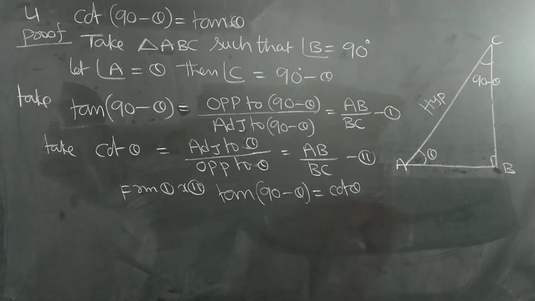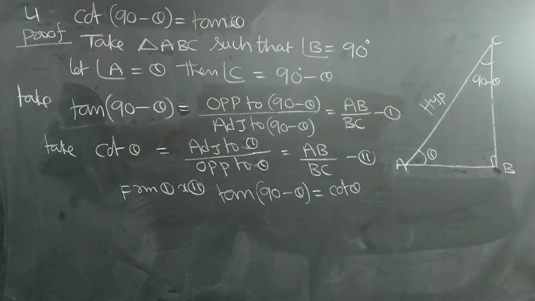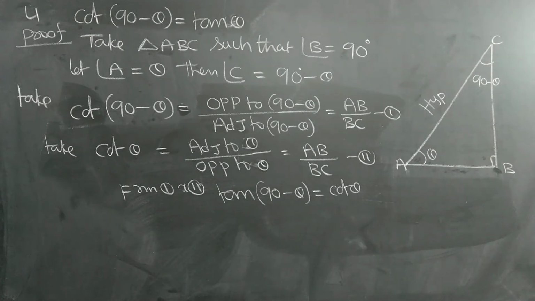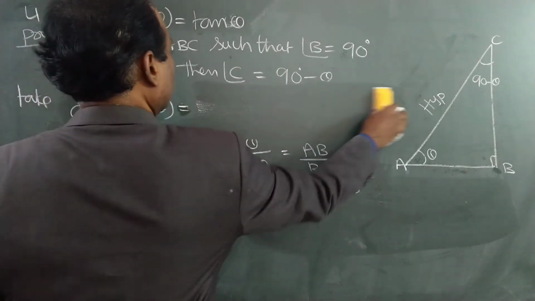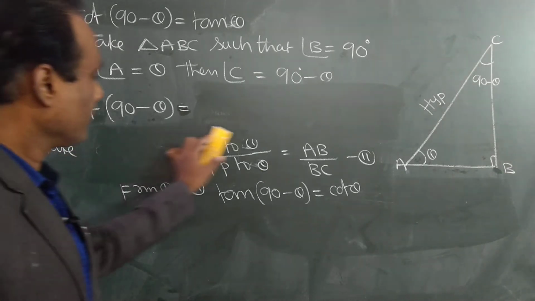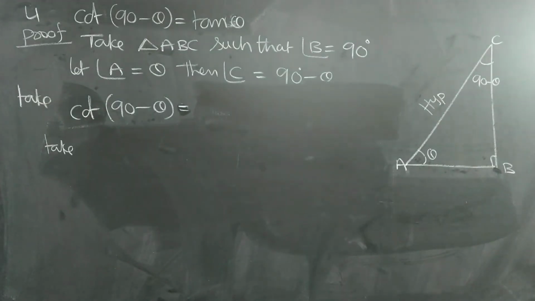Derive it. Cot 90 minus theta is equal to tan theta. That is the formula. So I am going to prove that formula.